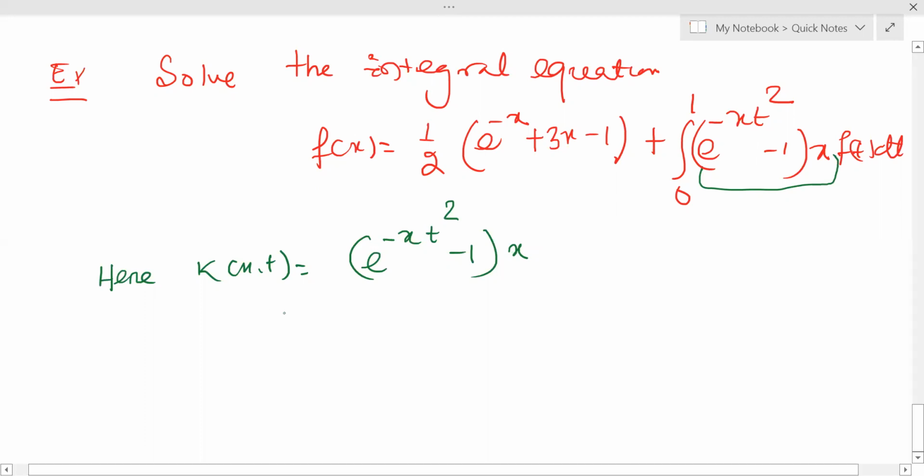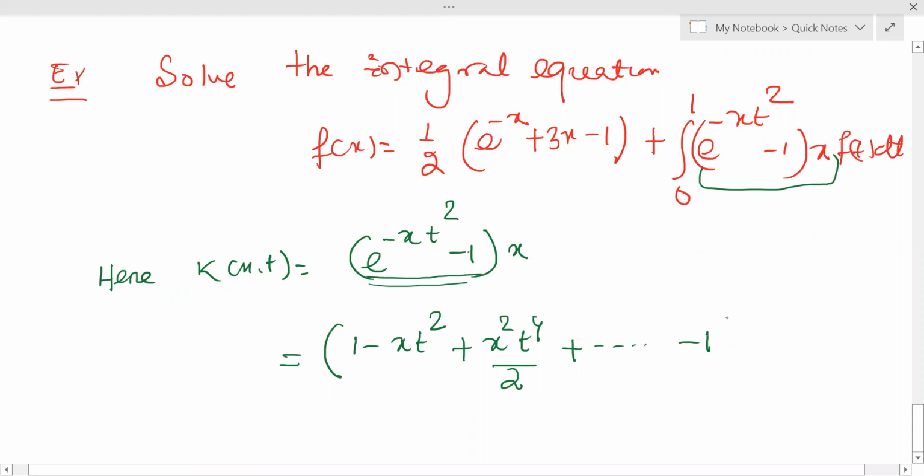Now expand it using the exponential function series. e^(−xt²) needs to be expanded. The expansion becomes 1 − xt² + x²t⁴/2! plus further terms, and this is minus 1, whole multiplied by x.